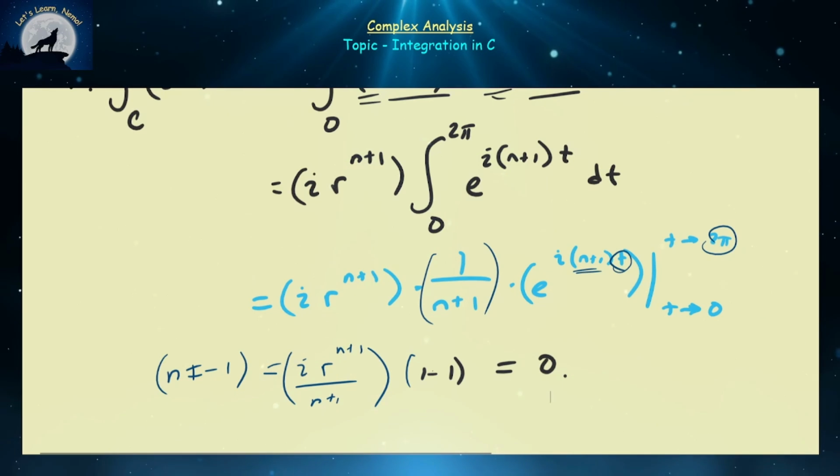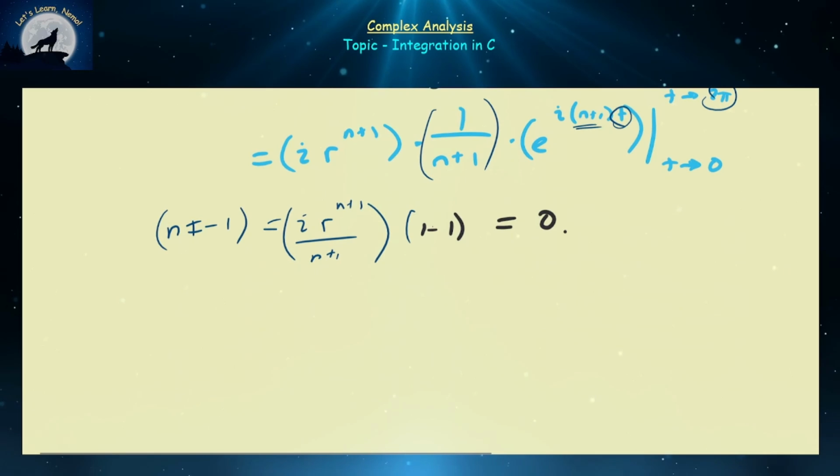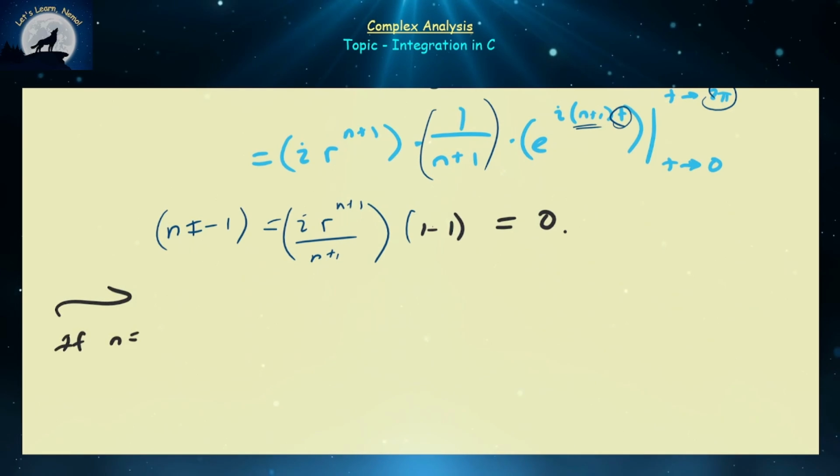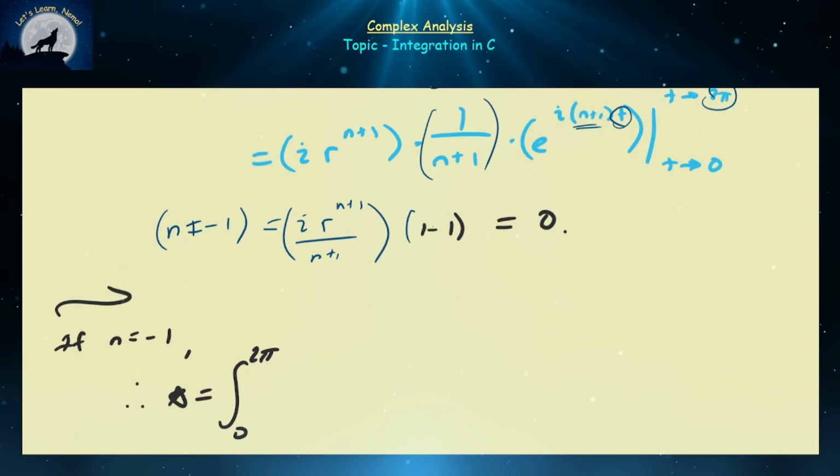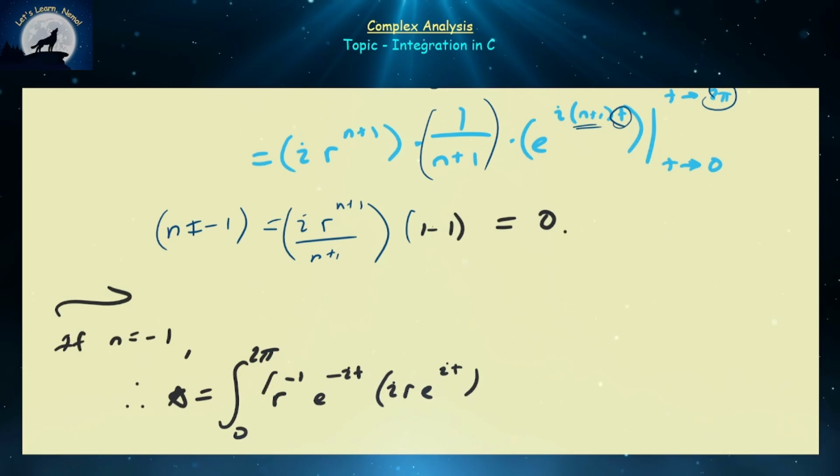Now, what about when n is equal to negative 1? So if n is equal to -1, then our integral is equal to the integral from 0 to 2 pi of r to the power of -1 e to the minus it times i r e to the it.